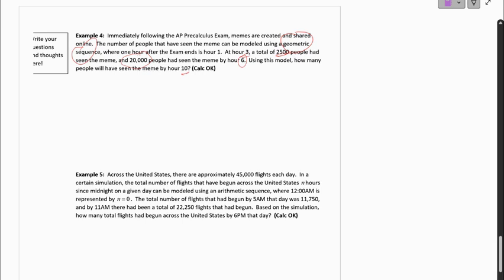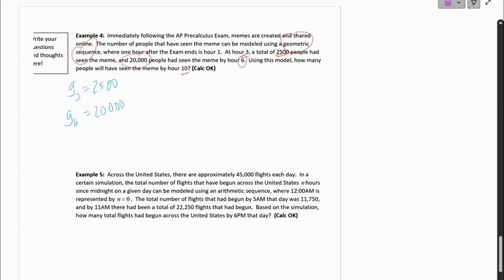So we're going to go ahead and write our function or our sequence. I like to write this out just so we can see it. G sub 3 equals 2,500, and then G sub 6 is 20,000.